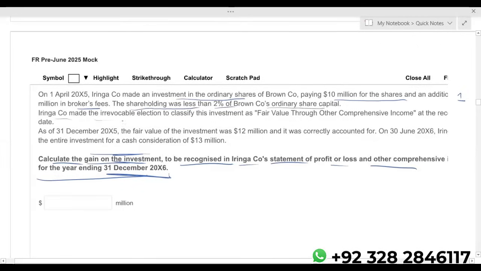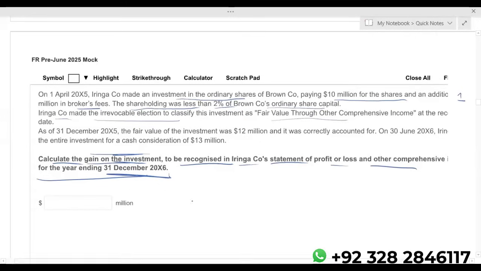Iringa Company made an irrevocable election. Stop. If you have made an irrevocable election for fair value through OCI, transaction cost will be added to the fair value of your investment in the equity instrument. Repeat: the financial asset will initially be recognized at fair value plus the transaction cost.